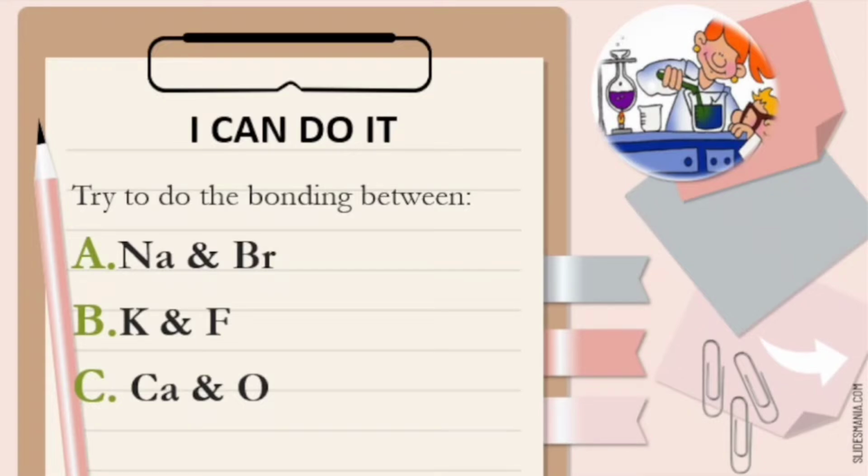Then, subtract the electronegativity values of both elements. If the difference is greater than 1.7, there will be a complete transfer of electrons. Then, with the use of an arrow, show the complete transfer of electrons and indicate the formation of cation and anion.